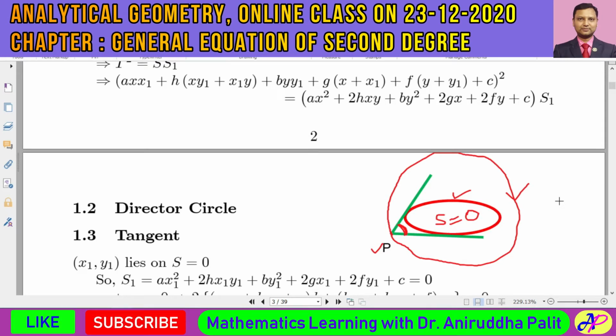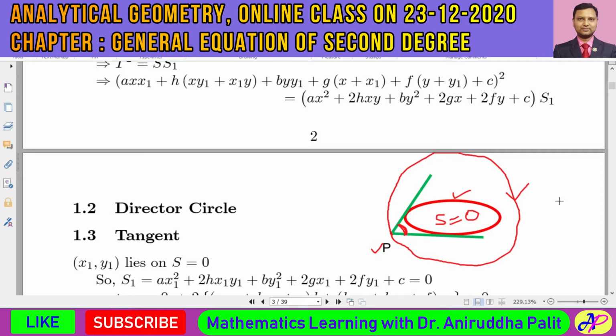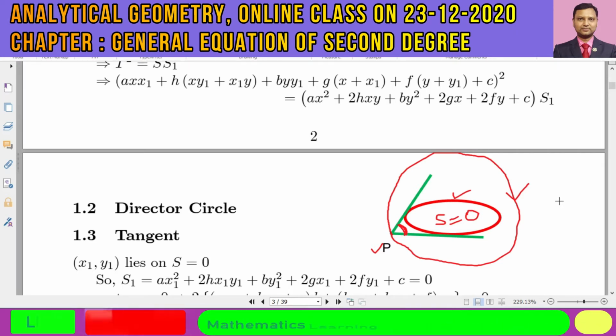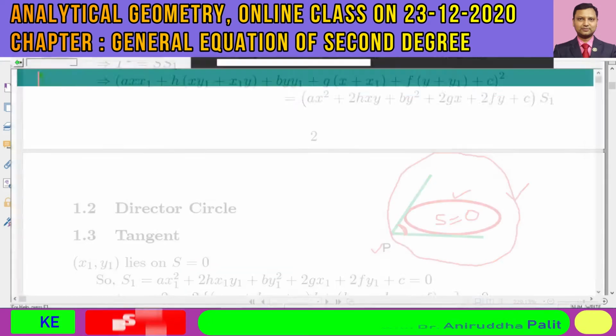I am going to show these results one by one, and remember this kind of result can be selected as an objective question or short question of 2 or 3 marks in your exam. Got it? So let's demonstrate the technique.